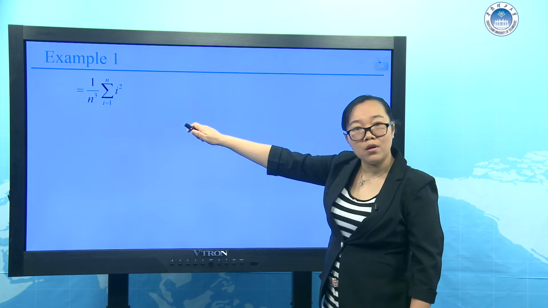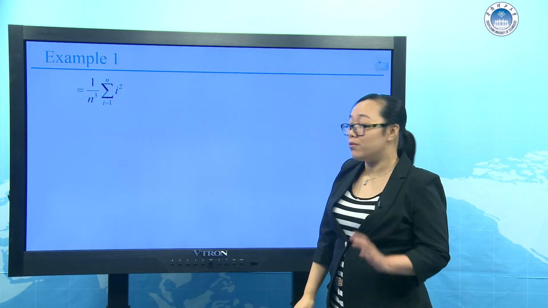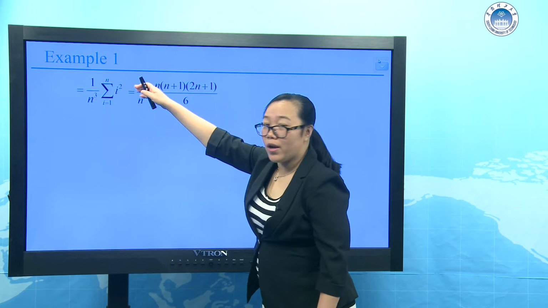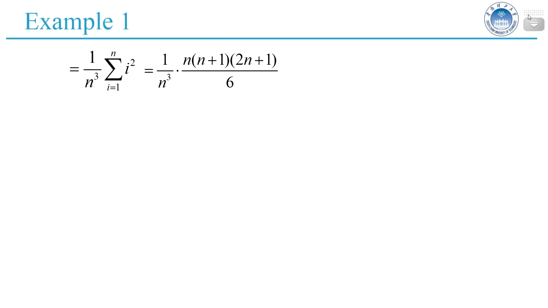Do you remember the basic formula from high school? The summation of i squared equals n times (n plus 1) times (2n plus 1) over 6. So now we have the integral sum.